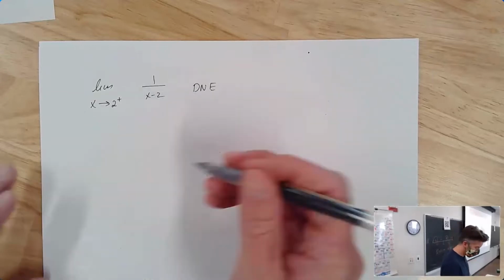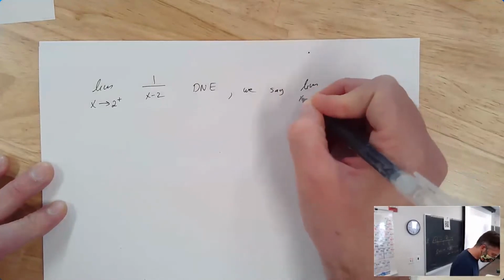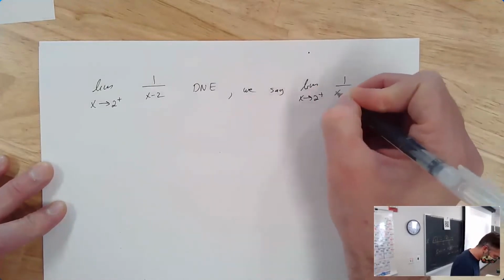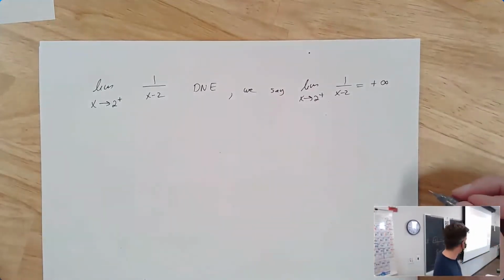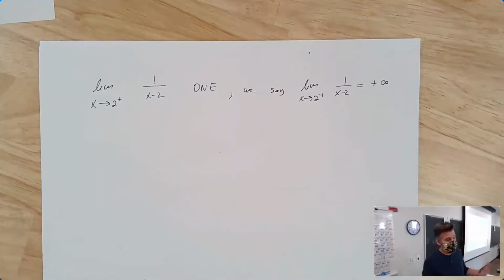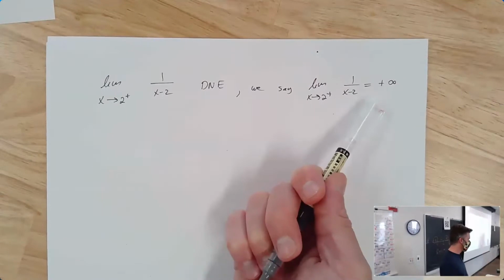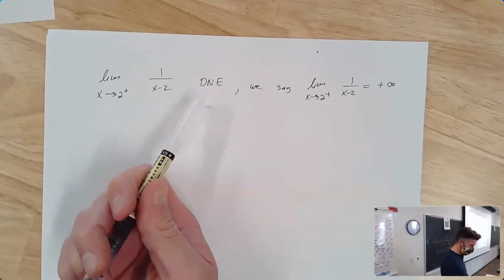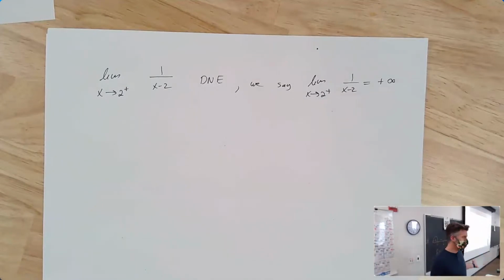So although this limit doesn't exist, we say that the limit as x approaches 2 from the right of 1 over x minus 2 is positive infinity, because that function is getting infinitely large as x approaches 2 from the right. But infinity is not a real number, so it's also correct to say the limit doesn't exist. But if your teacher asks you this question, they definitely want you to say the limit's infinity, not that it doesn't exist, right? They're definitely looking for this answer because it's a more correct answer to the question.